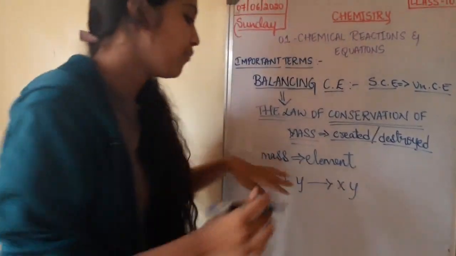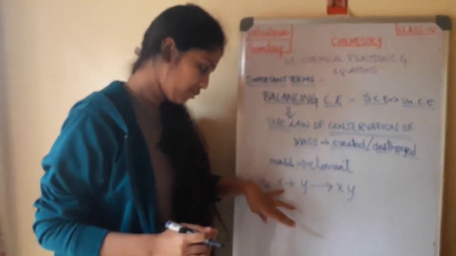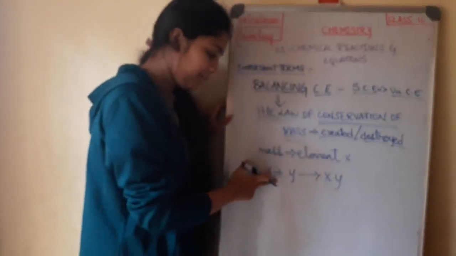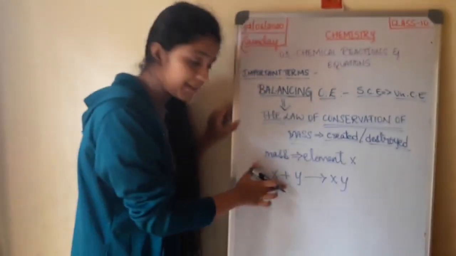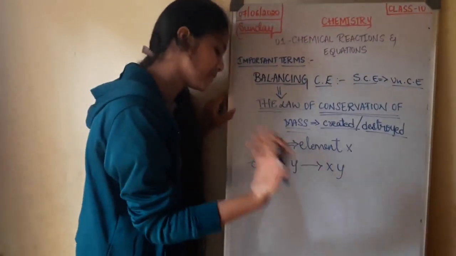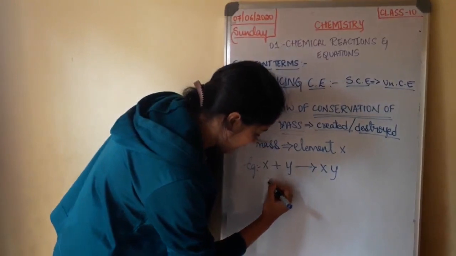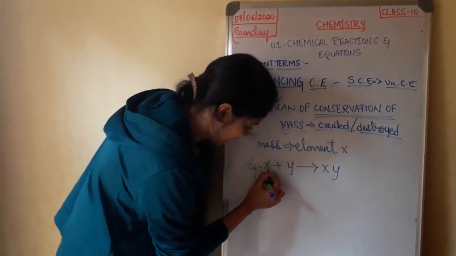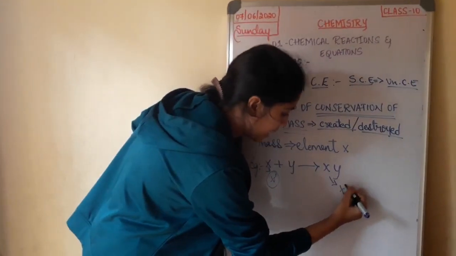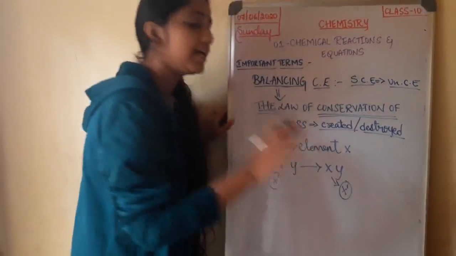The mass of element x at the beginning of the reaction, suppose it is x dash, and at the end of the reaction also the mass of x must be x dash.